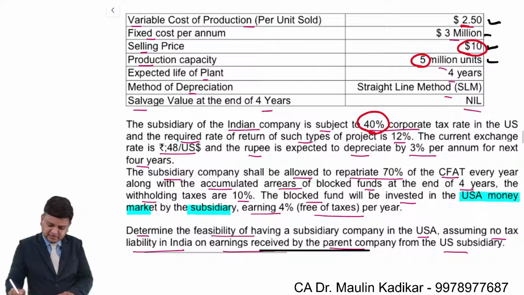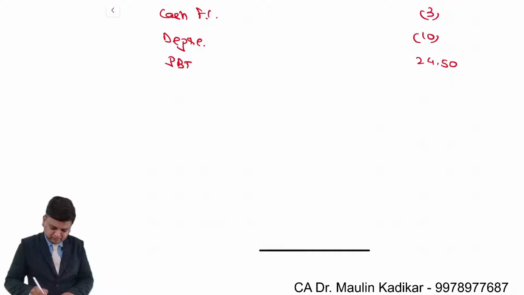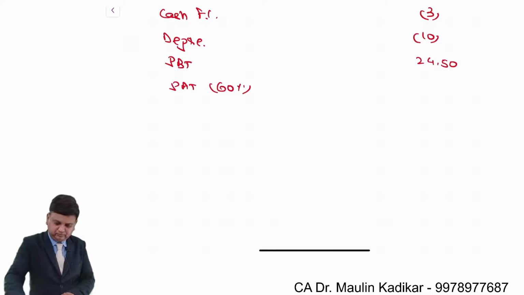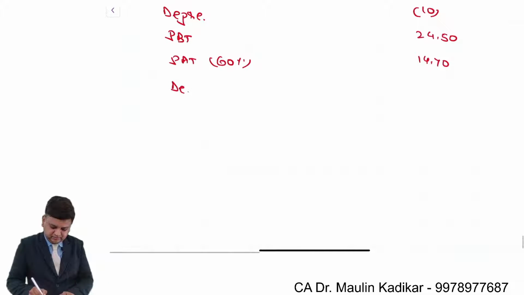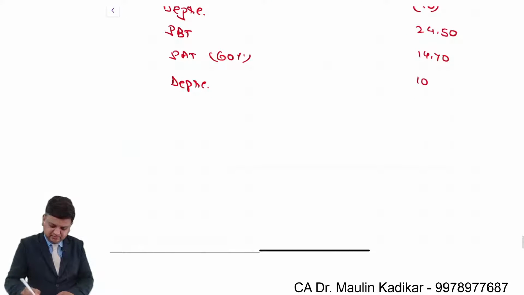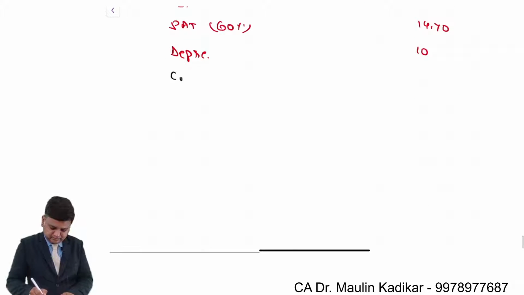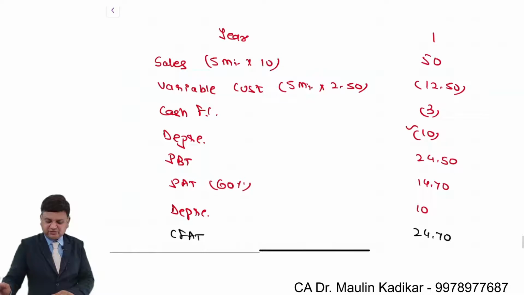Income tax rate is 40 percentage, $9.8. Depreciation is 10. CFAT is 24.7. That is the way the cash flow is calculated.